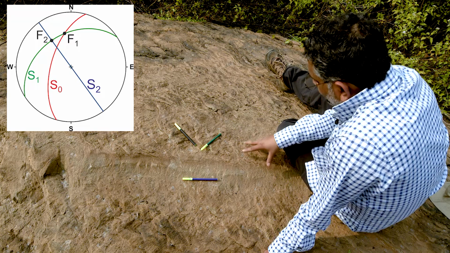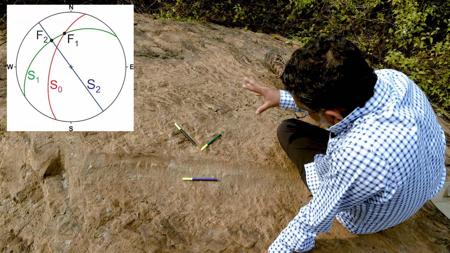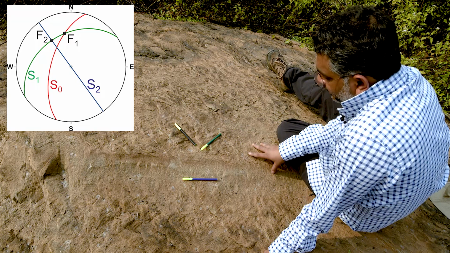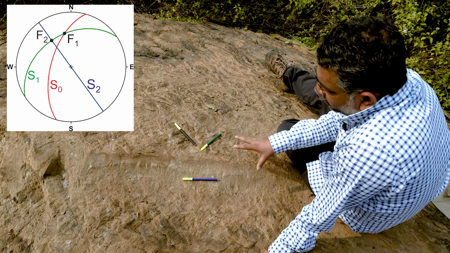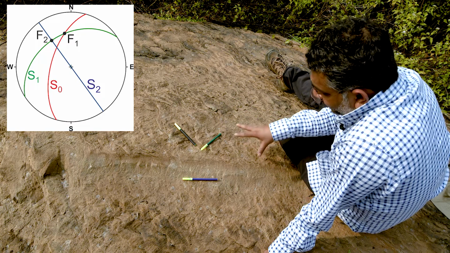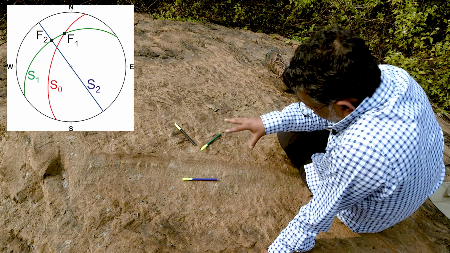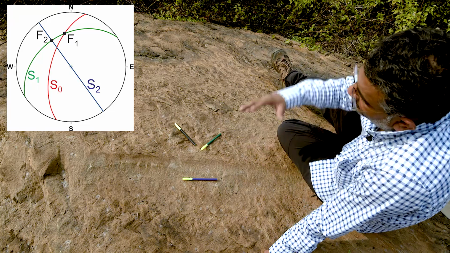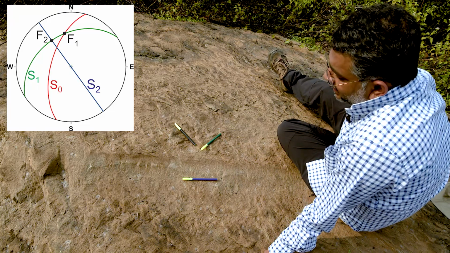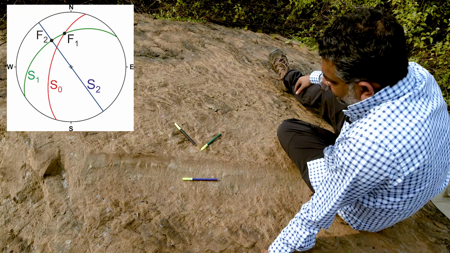At the same time we will compare, because we are far from our first location Ferryghat, how this S1 and S2 are related here, how the F1 and F2 are here, and whether it has deviated from our measurement from Ferryghat or not.